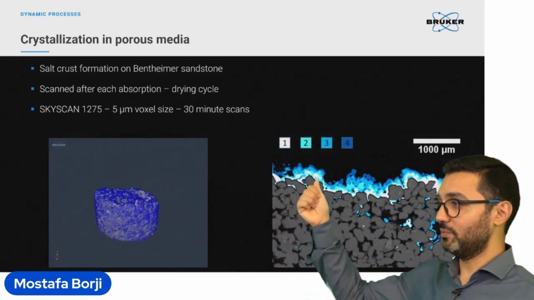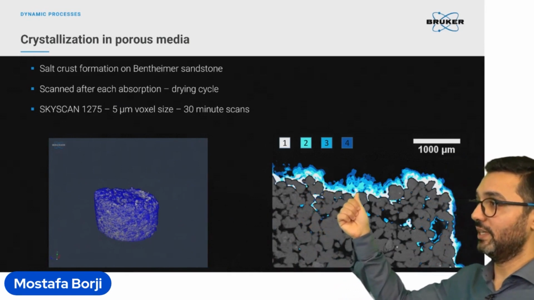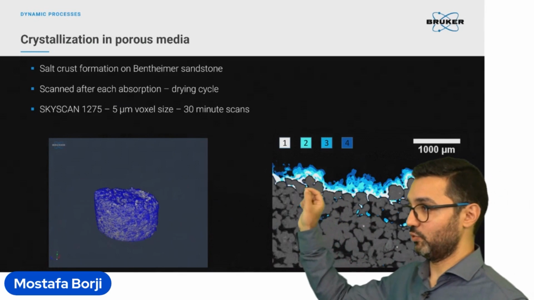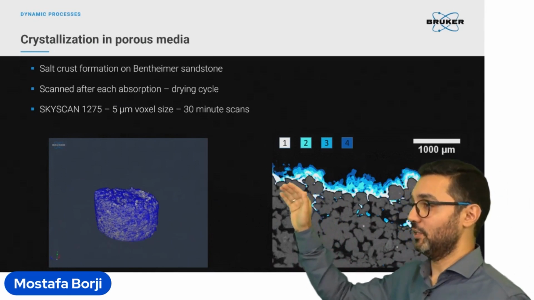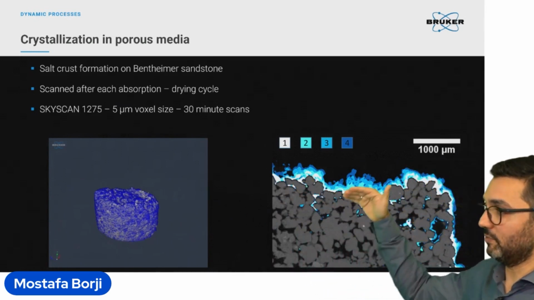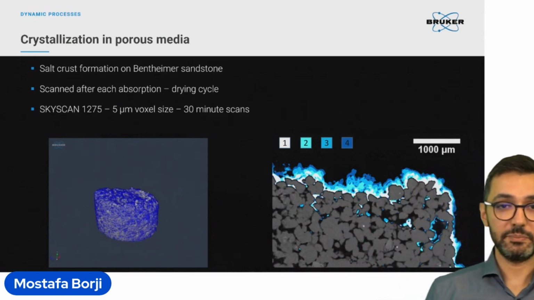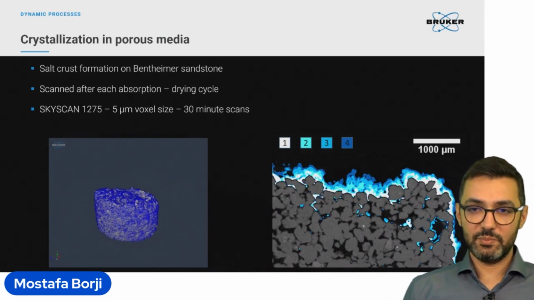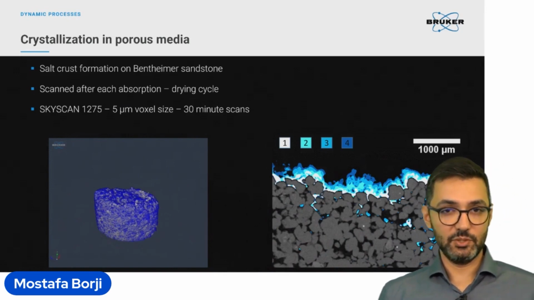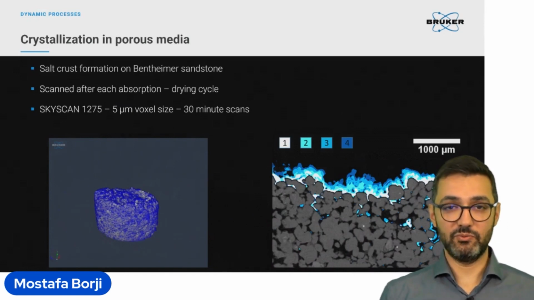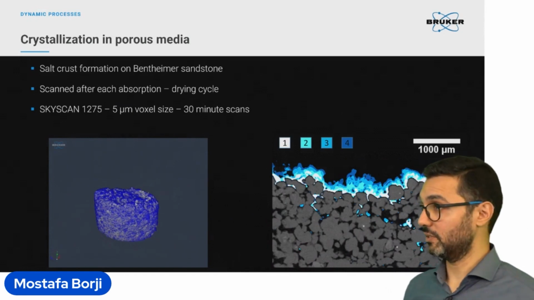At the very beginning, the deposited parts are shown in white, and then they become bluer as we proceed through time. So this can also be a nice feature to capture during the scans, again at 5 micron voxel size with 30-minute scans.